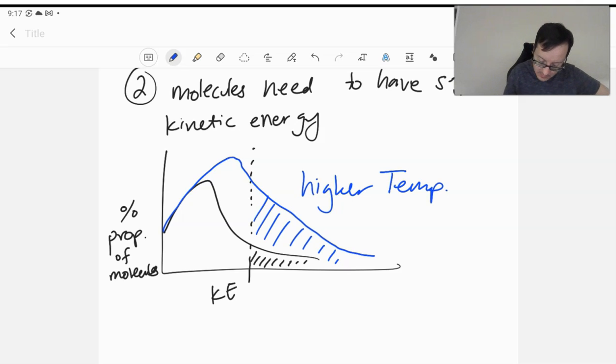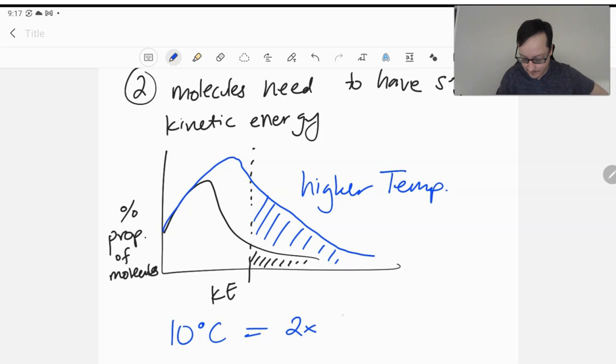And it just happens to be that every change of about 10 degrees Celsius equals a doubling of the reaction rate. So even just 10 degrees Celsius is enough to double your reaction. And that's why it's very bad for humans to be in a fever or hypothermia, because reaction rates are very sensitive to temperature. Reactions we may not want happening in our bodies happen much more quickly when we're in a fever.